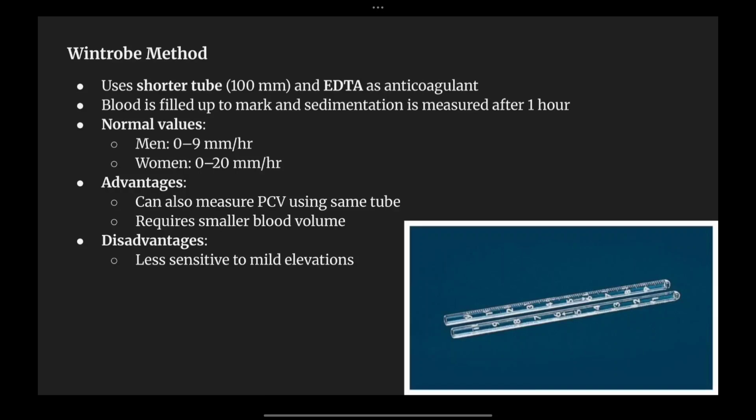The advantages over here are it can be used to measure PCV, which is packed cell volume, in the same tube as well, and it requires a smaller blood volume compared to the Westergren method. You don't need to extract a lot of blood for the test. Disadvantages: it is less sensitive and can lead to slight elevations in the actual normal levels.